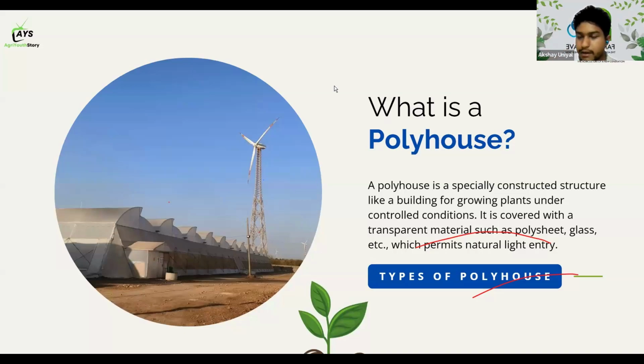We will be applying these nutrient solutions in the water, because we are only giving nutrients to the crop through water. There is no soil involved. There's a very neutral growing media in which they are holding the roots, and we are directly applying this nutrient-rich water. So it will be used in the grow bag system also. Is it clear? The grow bag system is also a type of hydroponic system.